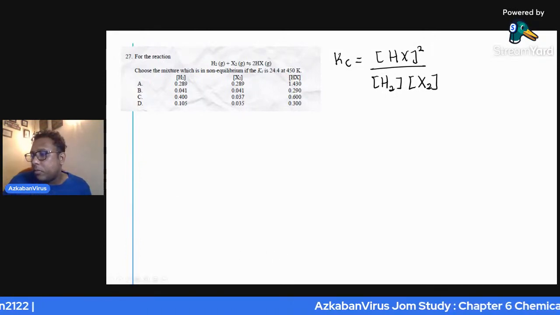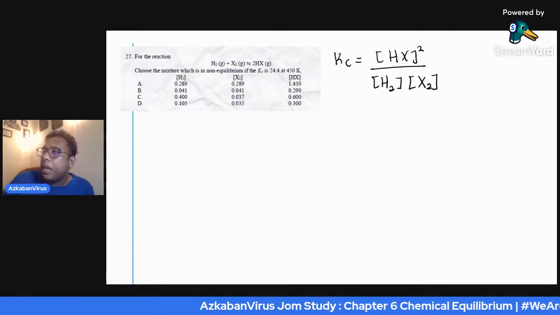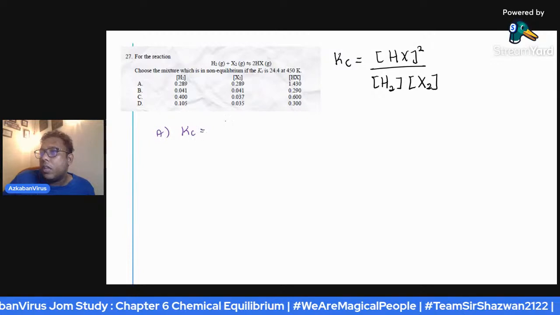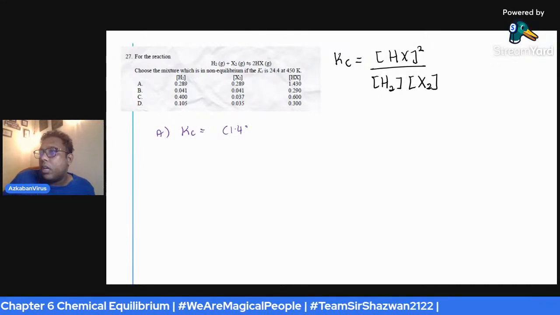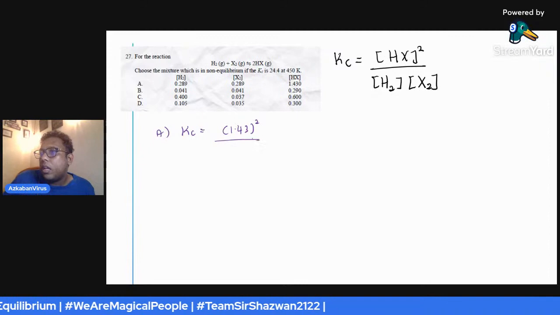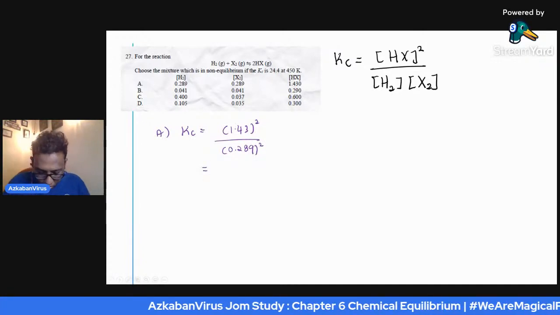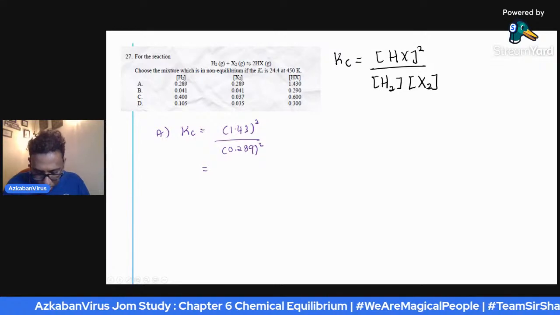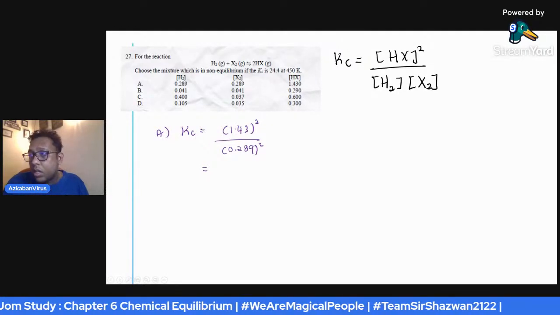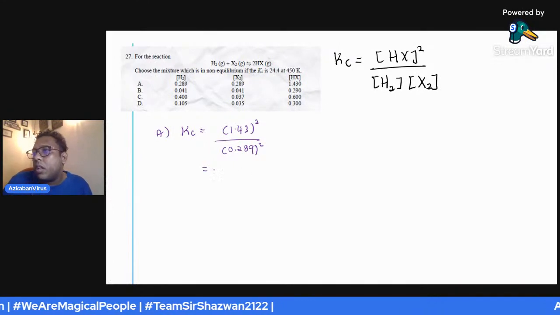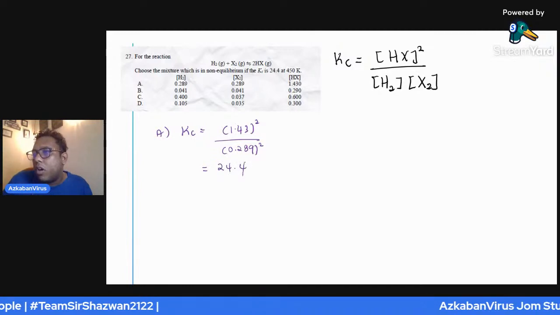So, untuk A, Kc dia sama dengan 1.43 squared bahagi 0.289 squared. This is equal to ini adalah 24.4.